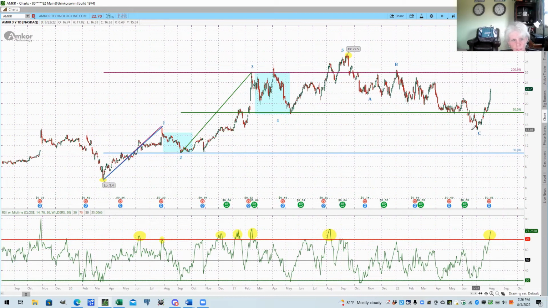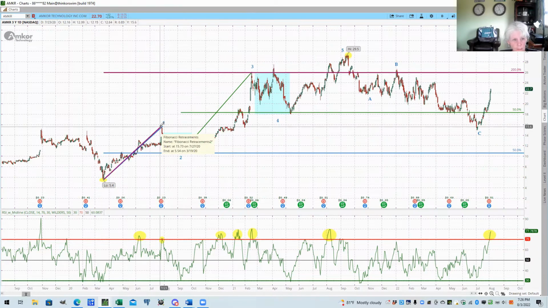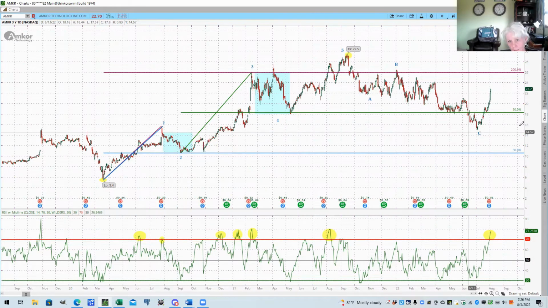This gives you an idea of, first of all, you can look way over here. This is kind of neat, where this was resistance back in, geez, 2020, right? Now we're at support here, it appears.